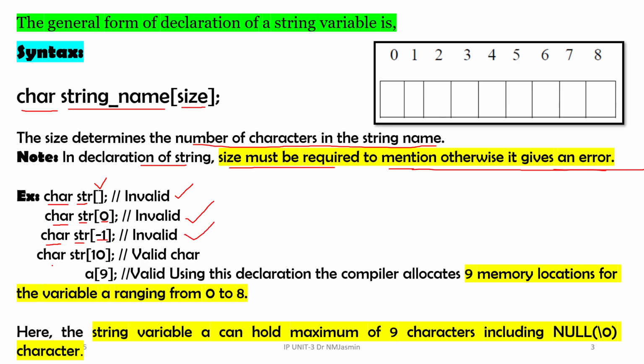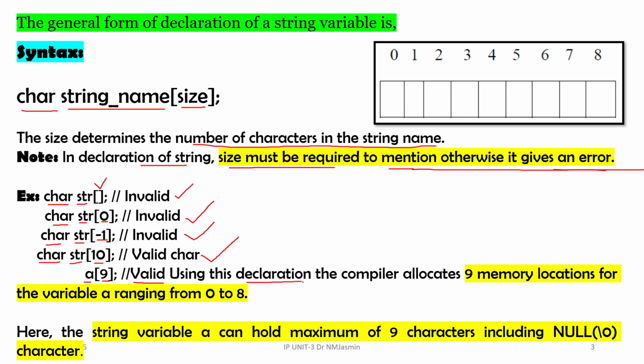Now, char is a data type, string, and here the size is mentioned clearly as 10 characters. So this is the best example of a valid character string. Similarly, here we have a as the string name and 9 as the size. Of course it is a valid string.